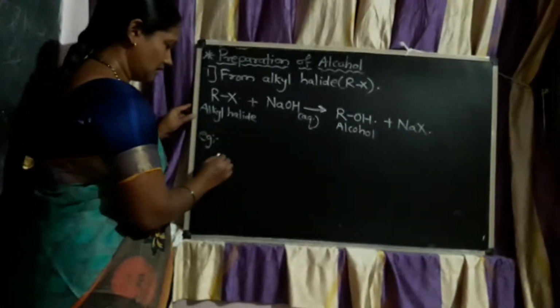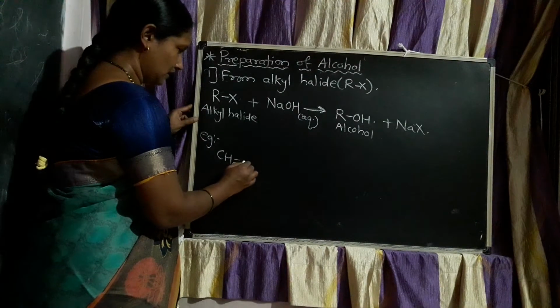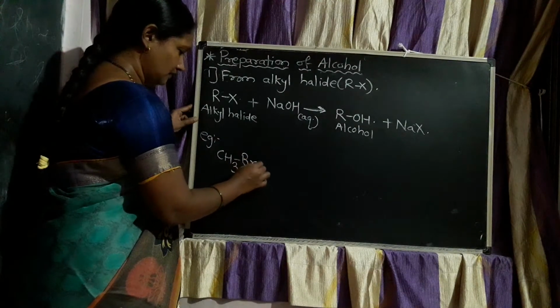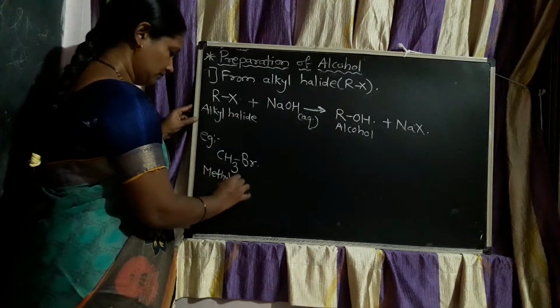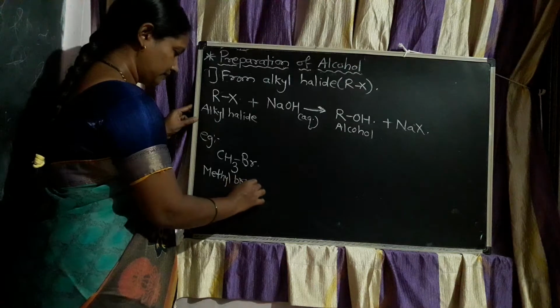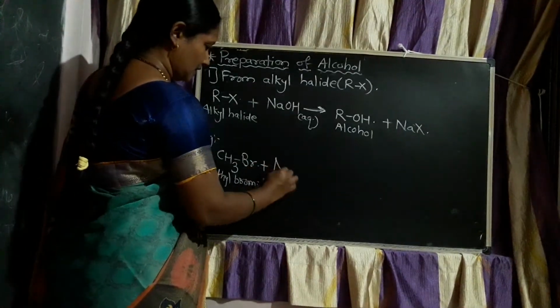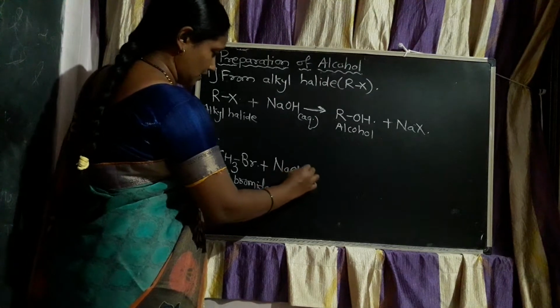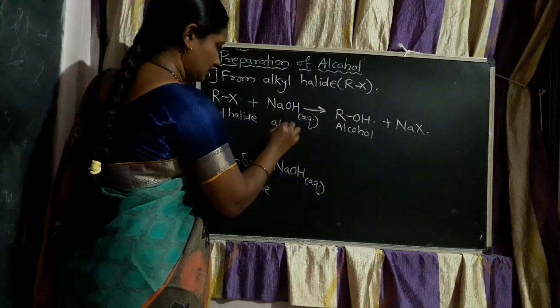Now for an example, we can take methyl bromide plus NaOH, aqueous alkali.